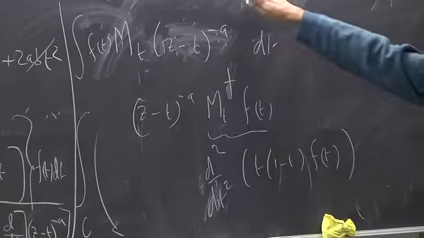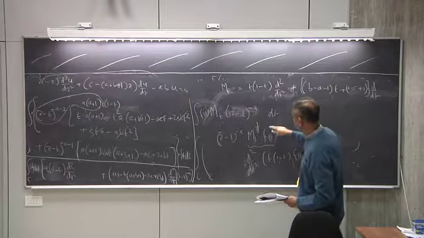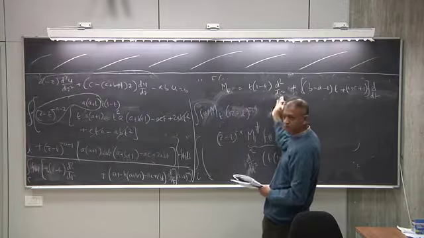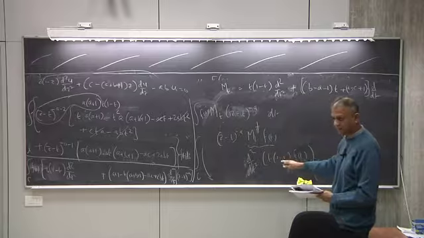Look at the first term: this derivative. You have f of t times that, times d2 by dt2. When you take two derivatives, I'll just get that, so this is acting on everything here.